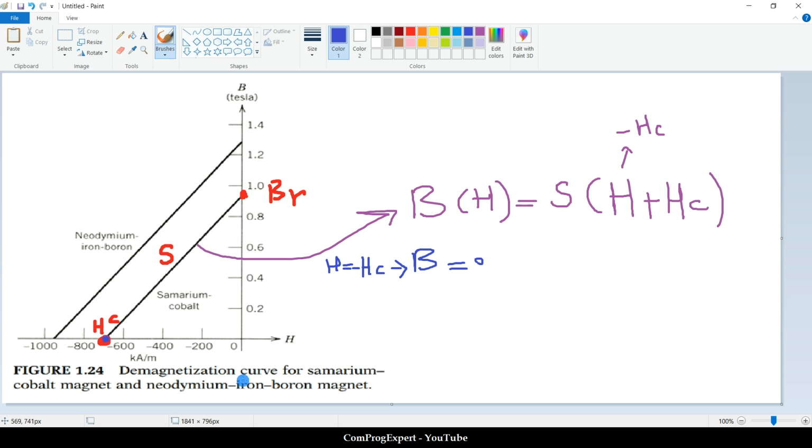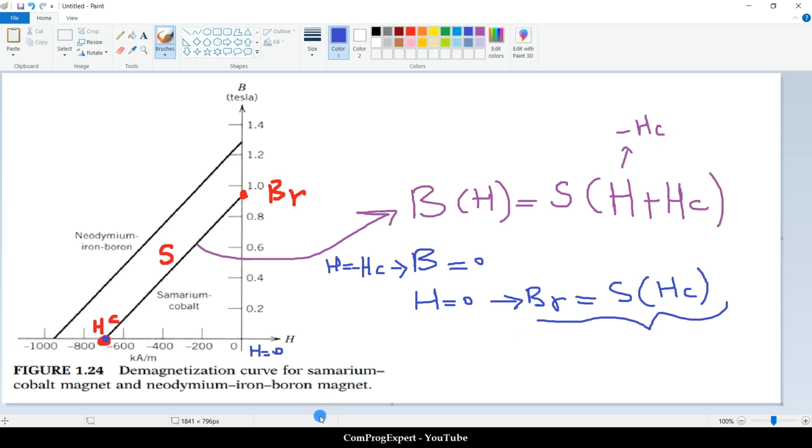And when the value of the H is 0, the value of the B is BR, remanence flux. So when we set H equal to 0, the value of BR will be equal to the slope times the value of the HC.